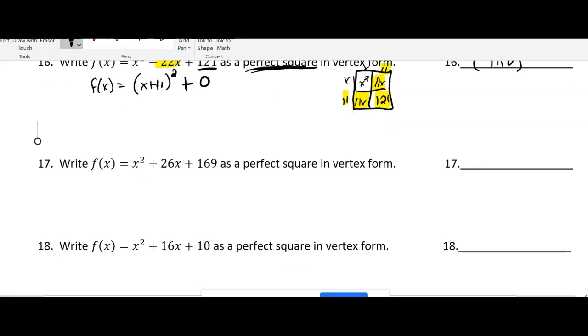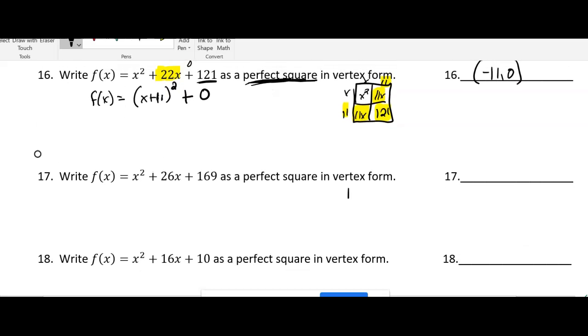The next one also should work out nicely. If we think about this as our little area model, if this is x and this is x, we get our x squared. Well, let's do it this way. This is our middle term, and it's a perfect square, so I'd have to have the same amount here as I do here.